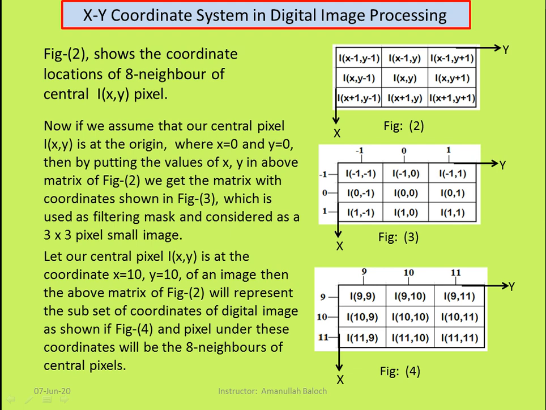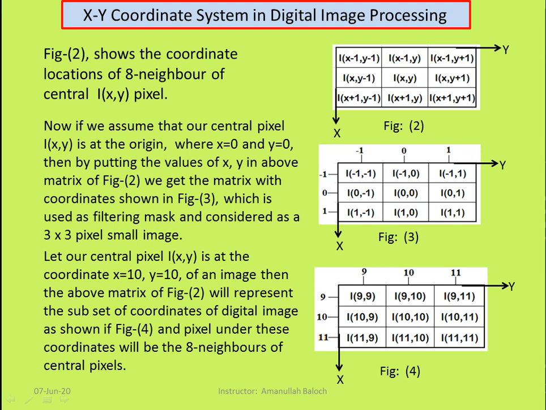So this central pixel has x value 0, y value 0, and similarly this pixel has 0, minus 1, minus 1, minus 1, minus 1, 1, and here 1, minus 1. This pixel has coordinate value 1, 0, and this pixel has coordinate value 1, 1.